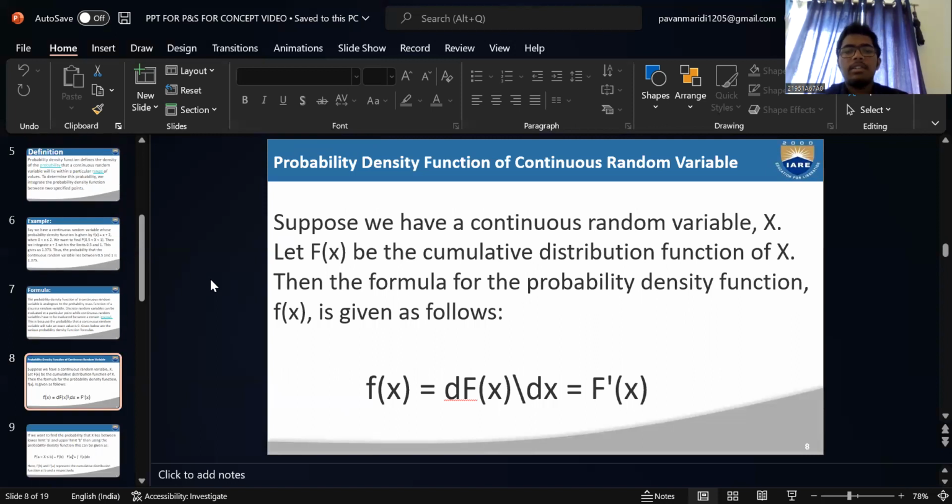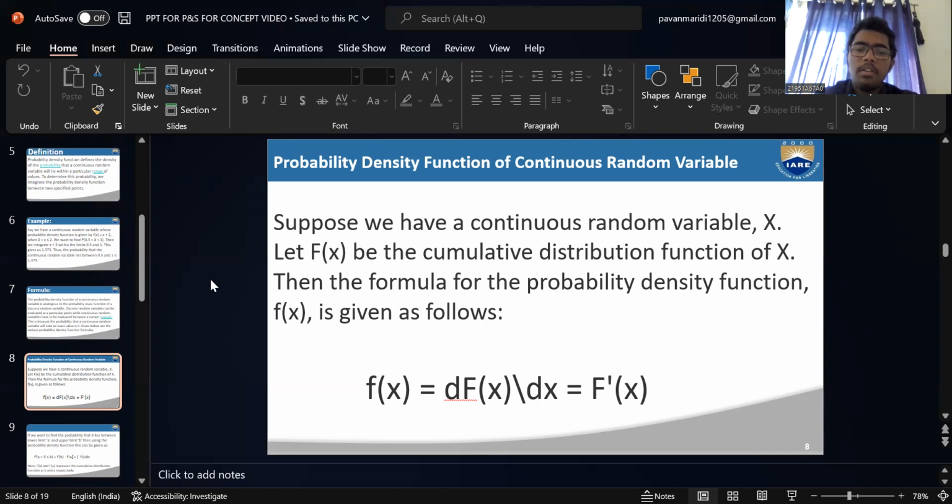Probability density function of a continuous random variable. Suppose we have a continuous random variable x. Let F of x be the cumulative distribution function of x.